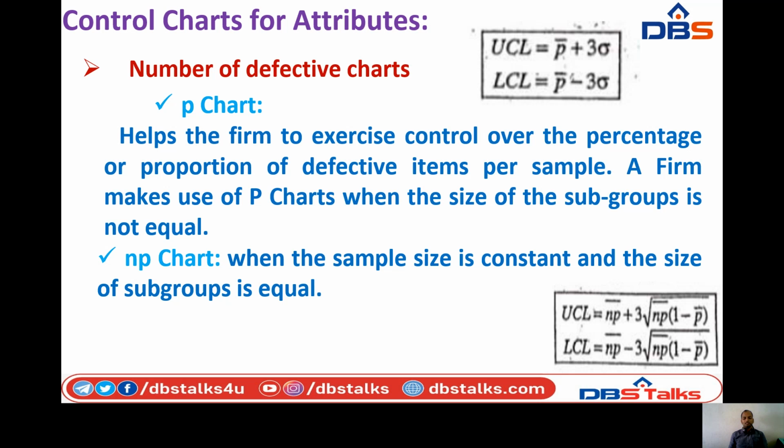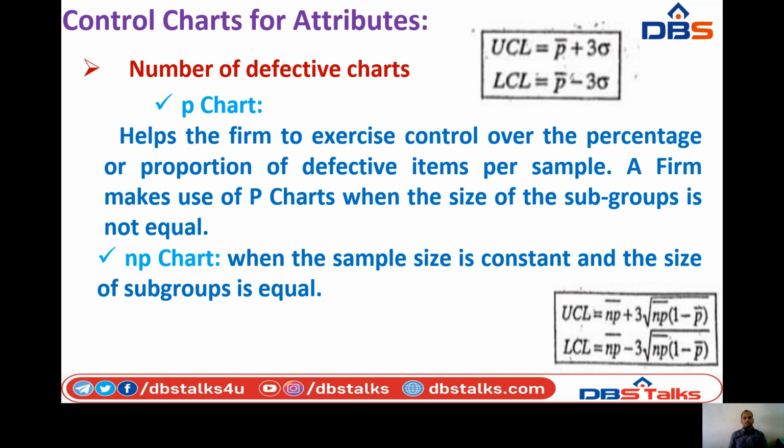So let us discuss the P chart. The P chart is one type of attribute control chart which helps the firm to exercise control over the percentage or proportion of defective items per sample. Here we are calculating the percentage of failure. Already we know that attributes relate to pass or fail.